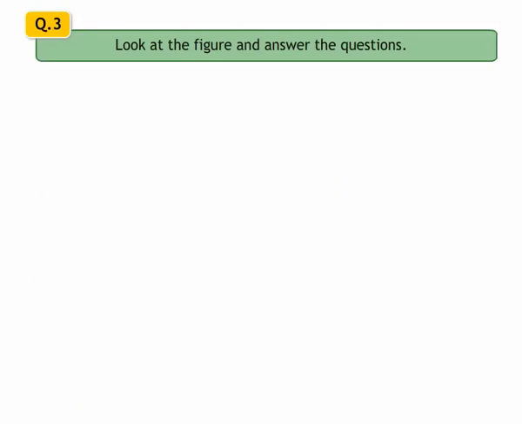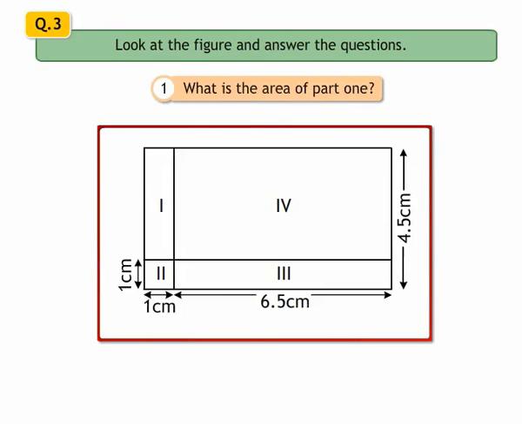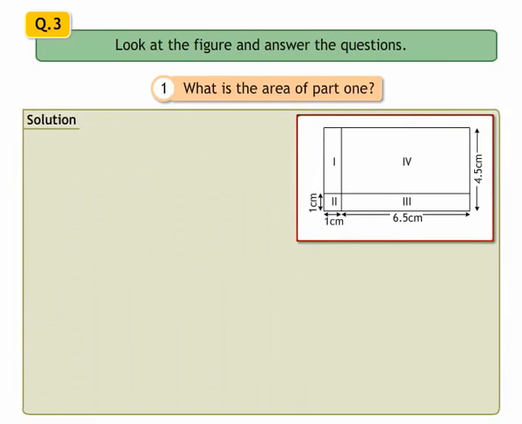3. Look at the figure and answer the questions. 1. What is the area of part 1? Solution. Part 1 is a rectangle. Length is equal to 4.5 minus 1, which is equal to 3.5 centimeters.